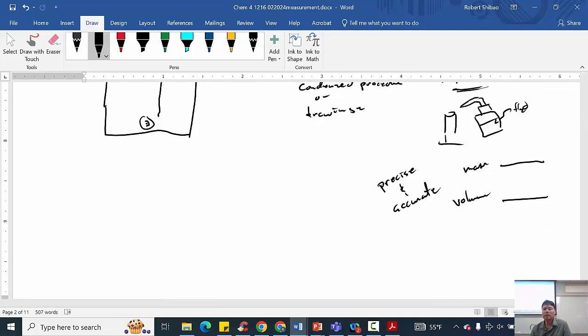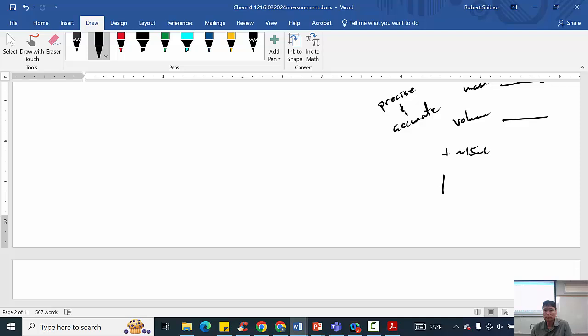And then this gets a little confusing. What we're going to do is we're going to do another about 15 milliliters of water. So the total volume is around 30 milliliters. And then we want to measure the mass and the volume as accurately as possible.